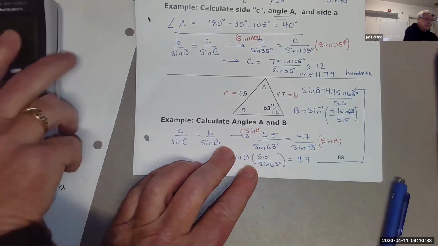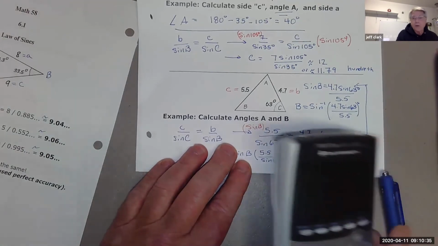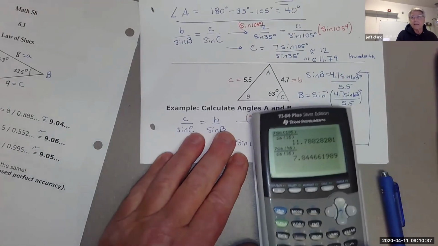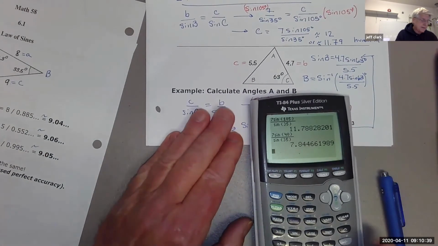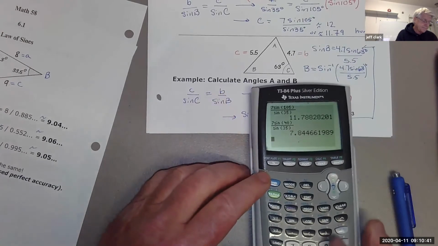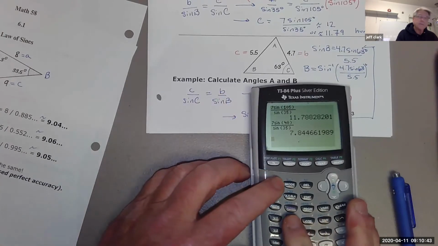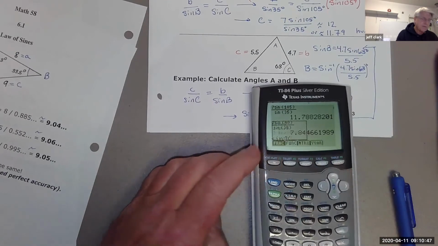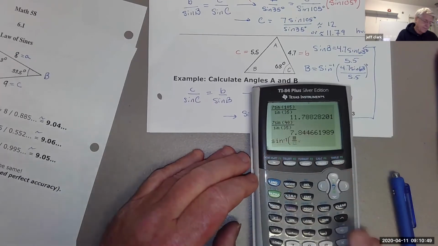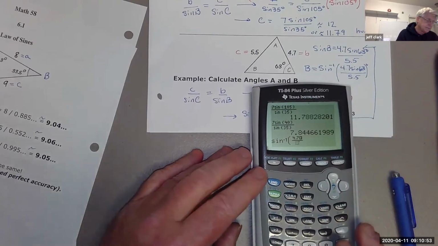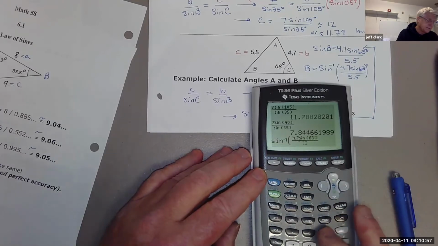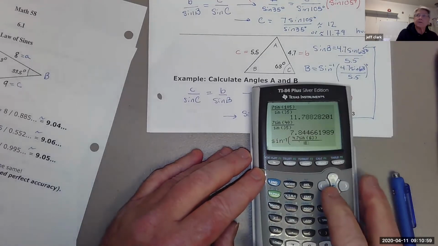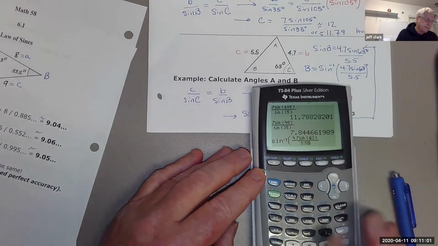And now I'm going to put the whole thing in. I'm not going to approximate it until the very end. So I'm going to end up having sine inverse, and now the fraction, and I've got 4.7 sine of 63 degrees, and scoot on down here at 5.5.